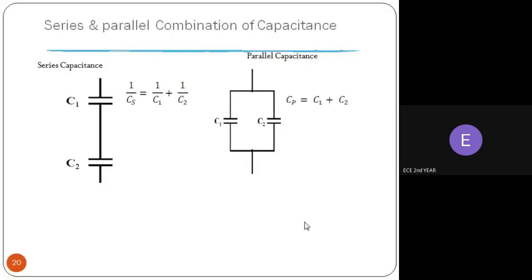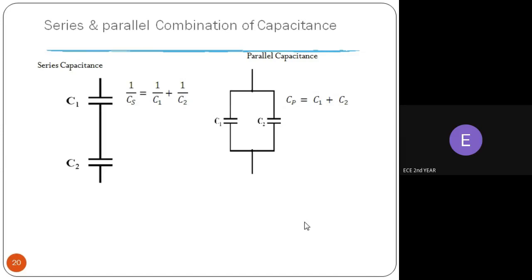For the parallel capacitance, C1 and C2 are connected in a parallel manner, and the value is Cp is equal to C1 plus C2. In a series capacitance, the total capacitance is less than the individual capacitance.